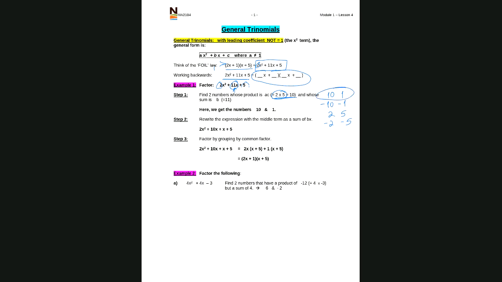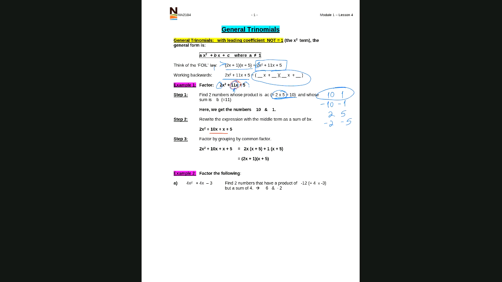Now these are not the numbers that go in the bracket. These are the numbers that we're going to use to rewrite our middle term, which is 11x, into the sum of 10x and 1x. So notice we have 4 terms. So we're going to do factor by grouping, just like what we did in the last lesson.